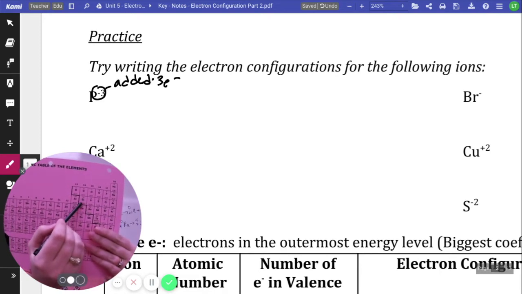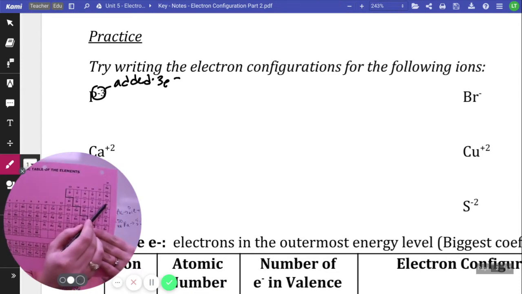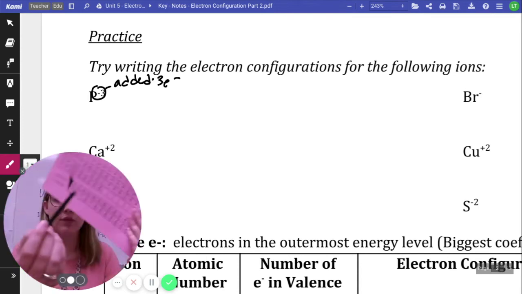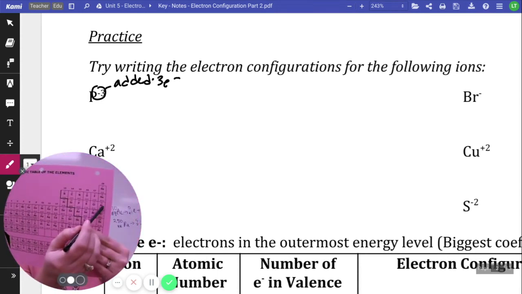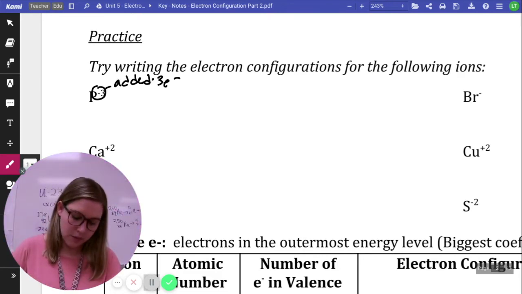And phosphorus normally has 15 electrons. But if I add 3 electrons, it now has 18, because 15 plus 3 is 18. So it's essentially like I'm going to be writing the configuration for argon.